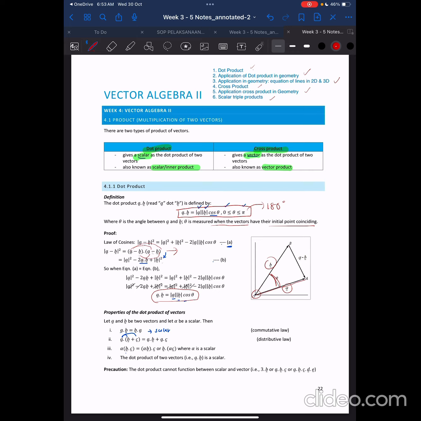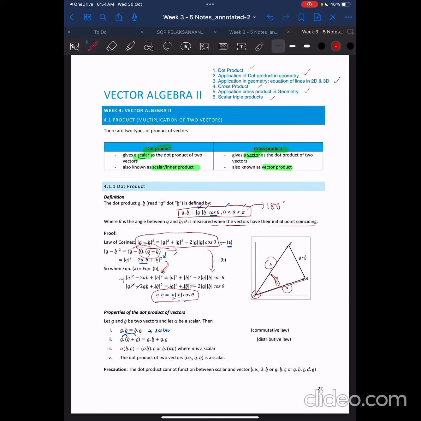Alright, so the 2ab here, I put it down here. It looks like this one. And a squared minus 2ab plus b squared is also equivalent to this one, because the law of cosines says this. So after I expand, I put it here, and this one is equivalent to the law of cosines, and we can rearrange.